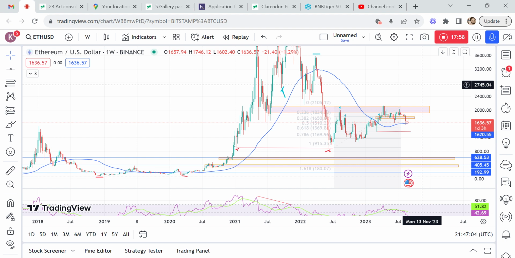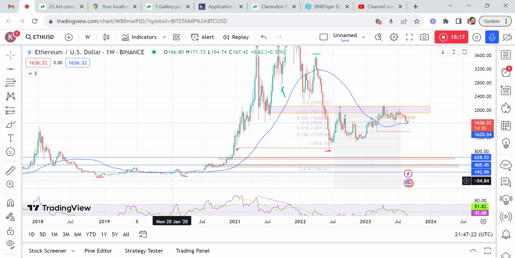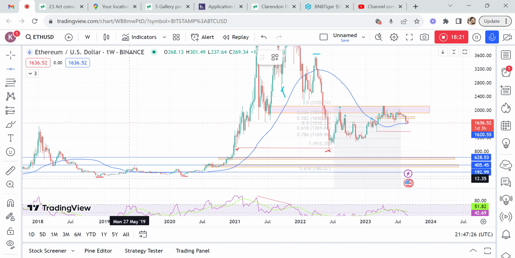I would never be surprised. So if I say Ethereum is likely to come below $192, maybe I'm not exaggerating. It's very, very possible that Ethereum can come below $192. If we are to break this low, let me use our horizontal line. If we are to break this low, it means even on the same level is around 79.